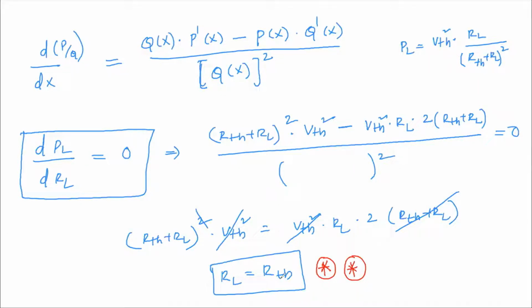Understood or not? So what is the condition we got? If you have a big circuit and there is a resistor, now let us say there is a linear two terminal network, let us say network 1 is there.